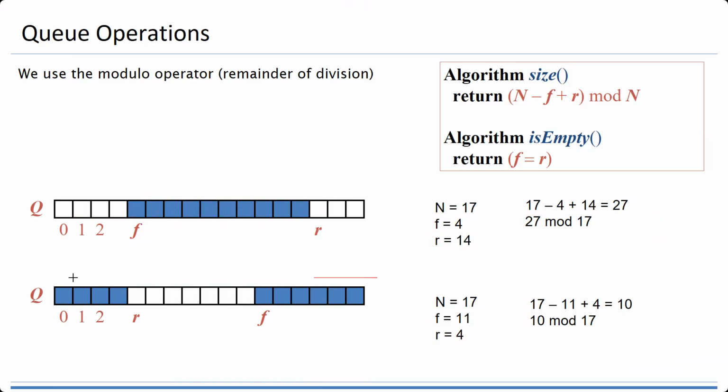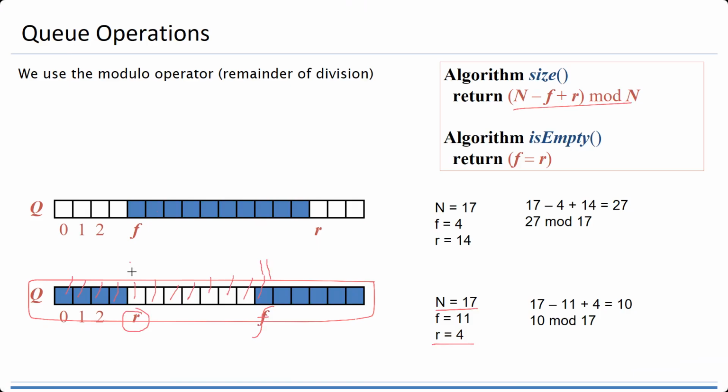Now, let's say the queue is something like this. The front is here and R is here. We can use the formula again and check the size of this queue. We have N, which is 17. F, where is F? We need to check. This is index 0, 1, 2, 3, 4, 5, 6, 7, 8, 9, 10, 11. So F is 11. What is the index of R?